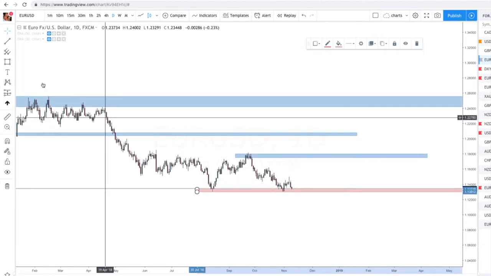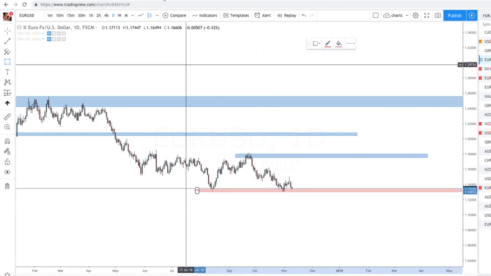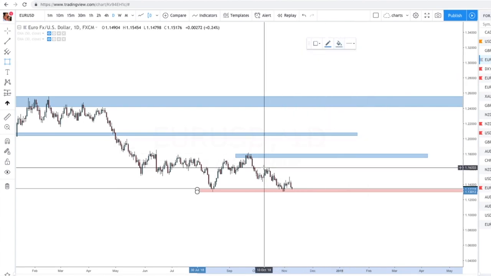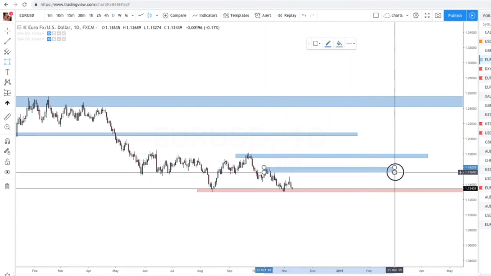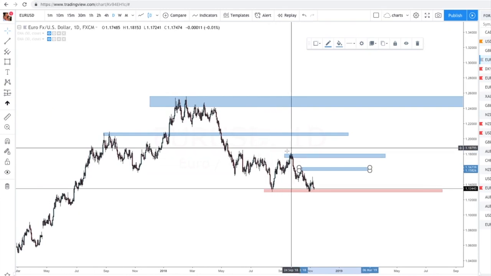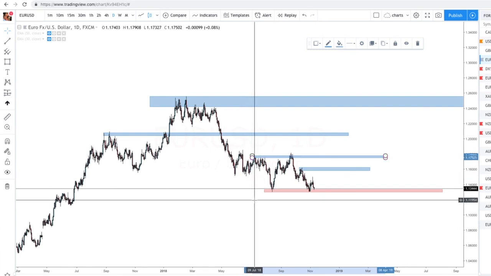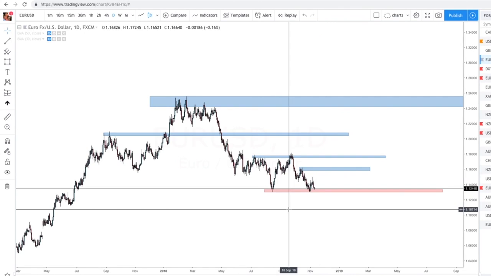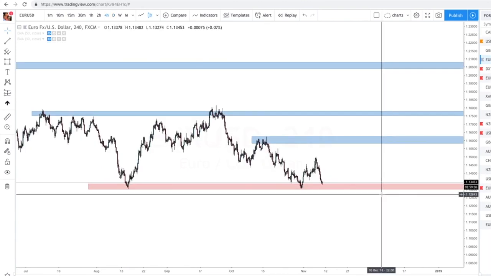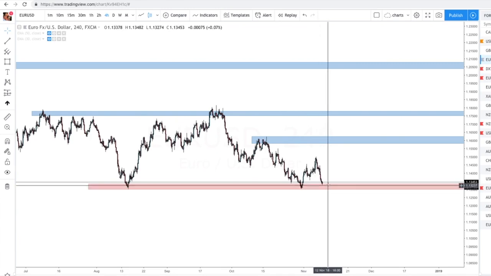So we have one more right here. Okay. So then looking at the lower time frames, okay, so price wants to come back down here again, so we have to see what will happen.